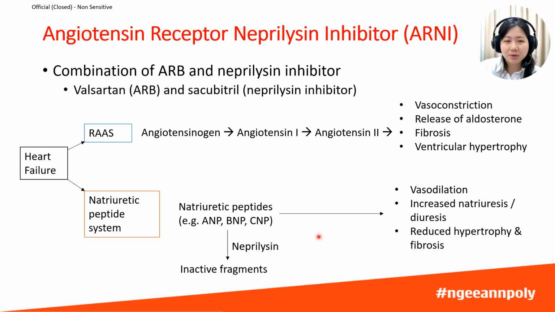The peptides are broken down by the enzyme neprilysin into inactive fragments. So, valsartan, the ARB, blocks the harmful actions of angiotensin 2, and sacubitril, which is the neprilysin inhibitor, prevents the breakdown of natriuretic peptides, thus increasing their beneficial activity.